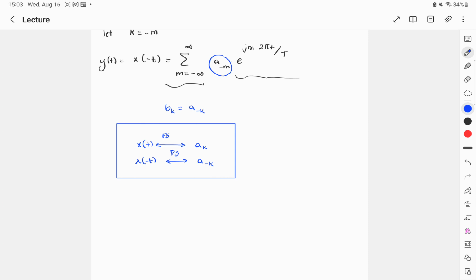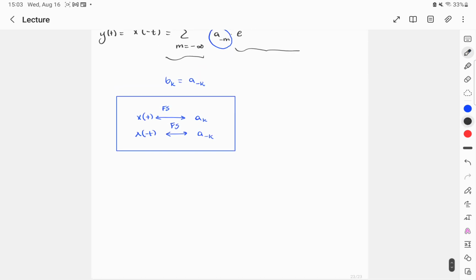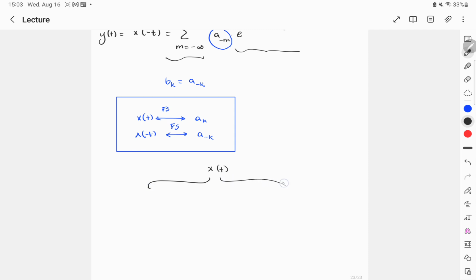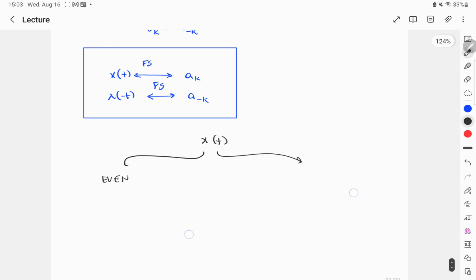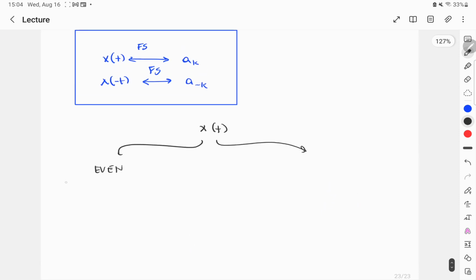So here we need to analyze two things. What happens if the signal is odd? What happens if the signal is even? Now let us see this. If x of t is even, then x of minus t equals x of t, right?